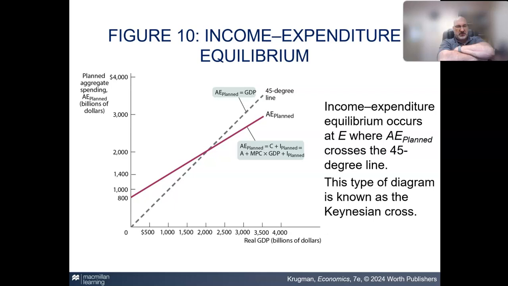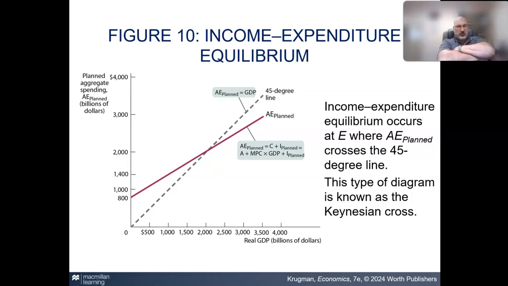And that's why it says on that label touching the 45-degree line, AE planned equals GDP. That's the whole point of the 45-degree line. This is what this whole thing relies on.